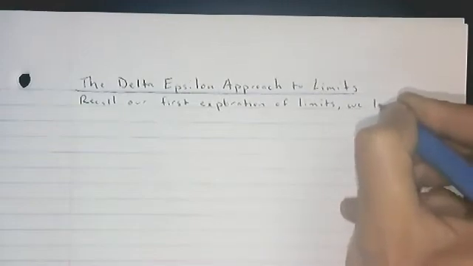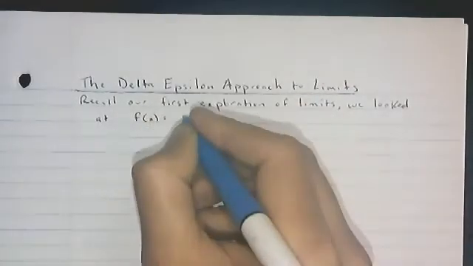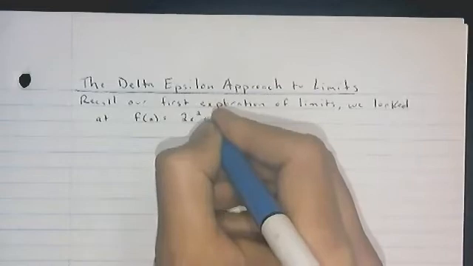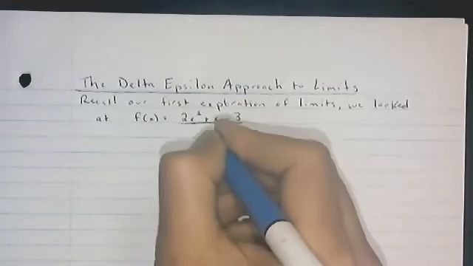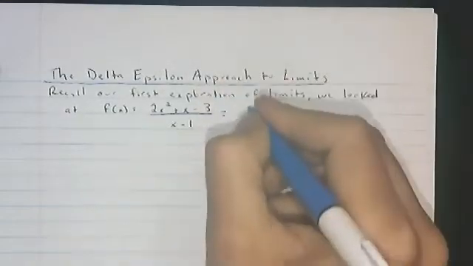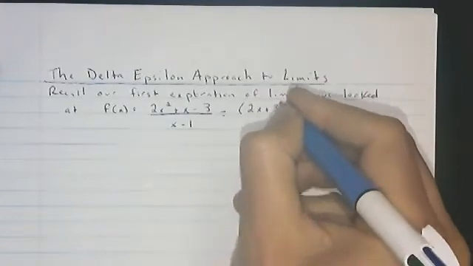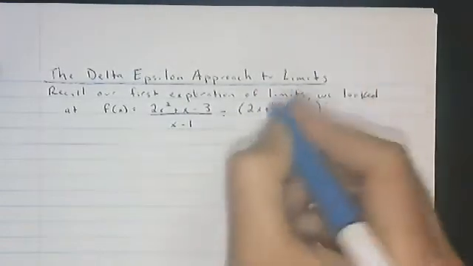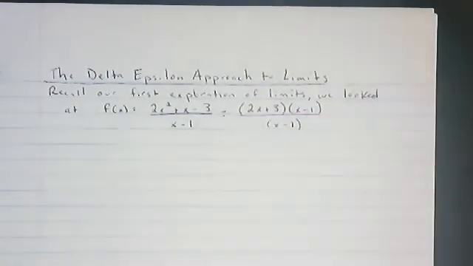We looked at the following function: f(x) equals 2x squared plus x minus 3, over x minus 1. We're going to go ahead and factor this, and remember that this factors to (2x plus 3) times (x minus 1), over x minus 1.